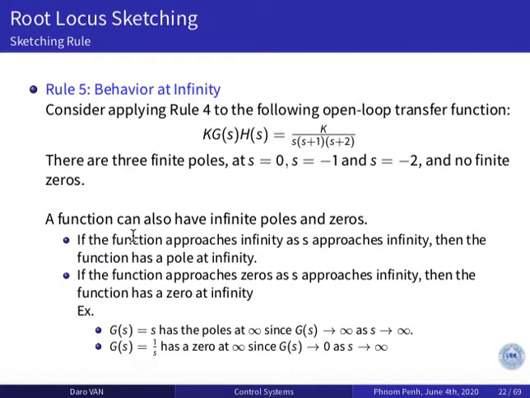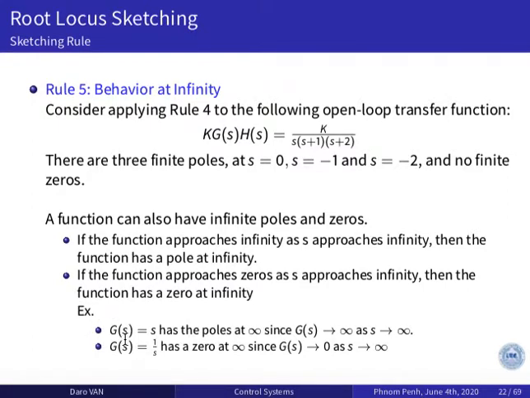This is something that we also need to remember. If the function approaches infinity as s approaches infinity, then the function has a pole at infinity. If the function approaches 0 as s approaches infinity, then the function has a zero at infinity.